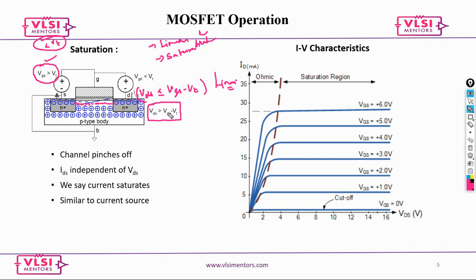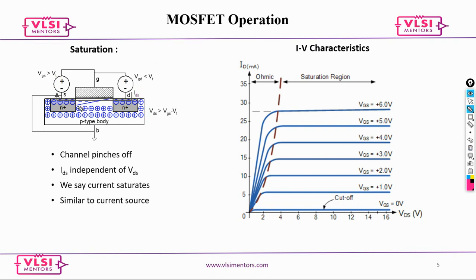Now the third phenomenon is called saturation, when your VDS is greater than VGS minus VT. When this condition is met, the channel is what we call pinched off. If you look here, the channel now starts pinching off.